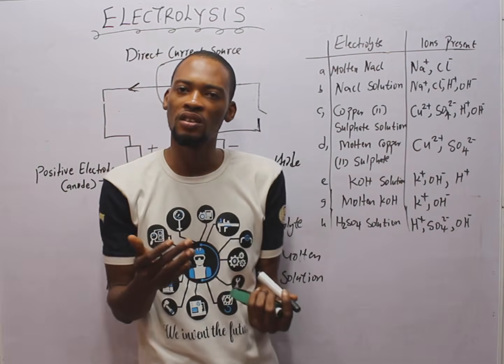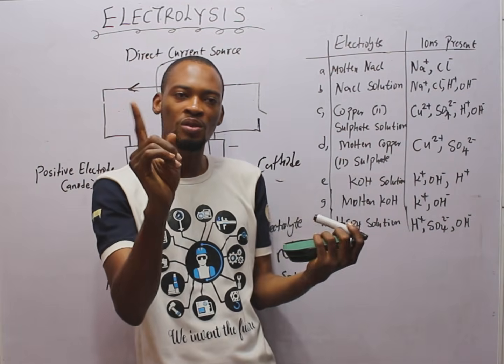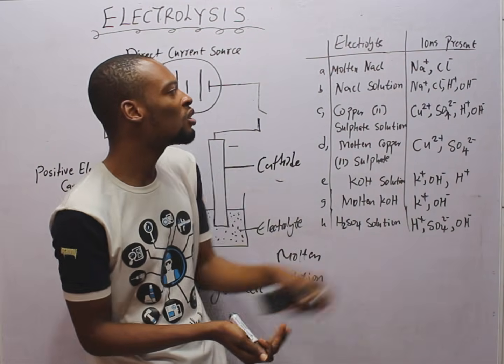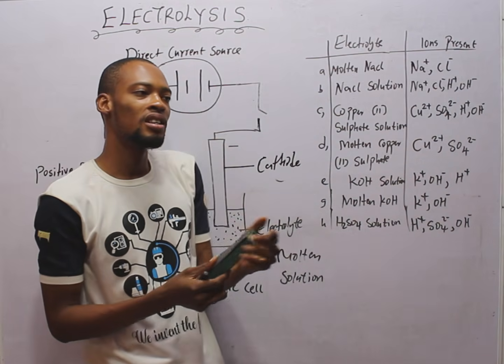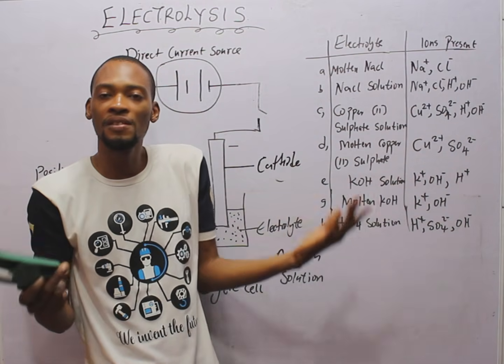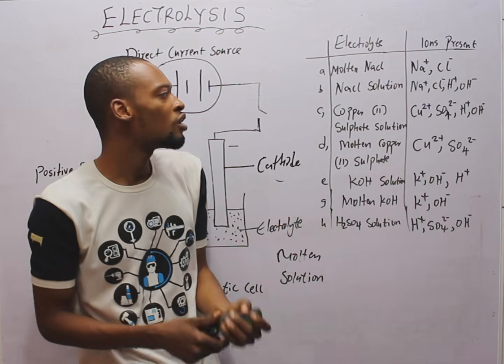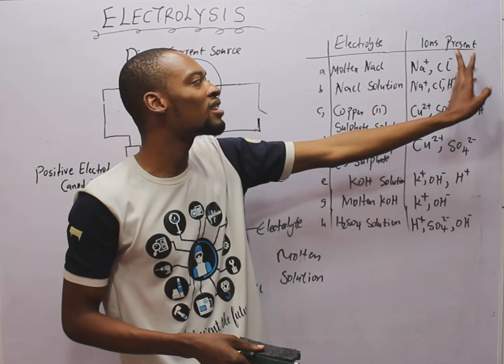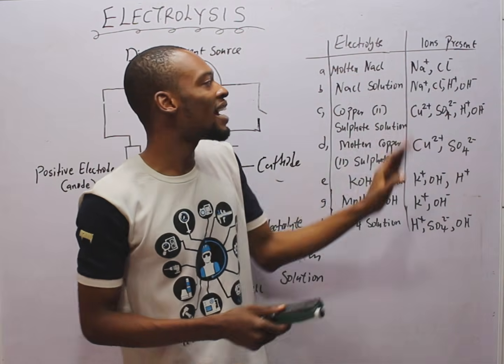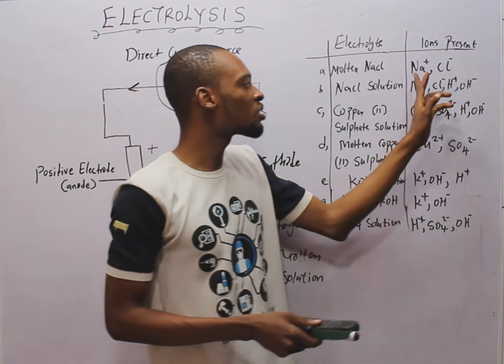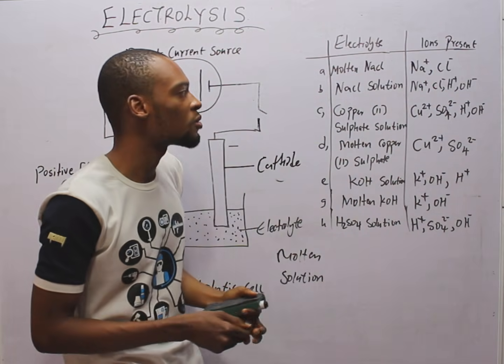Sodium is in group 1, so it can give out just one electron to become positively charged, while chlorine is in group 7, it accepts 1 to become negatively charged to complete its configuration. So the valency is plus 1 and minus 1. Since it is in molten state, the ions present in molten sodium chloride are sodium plus and chlorine minus.